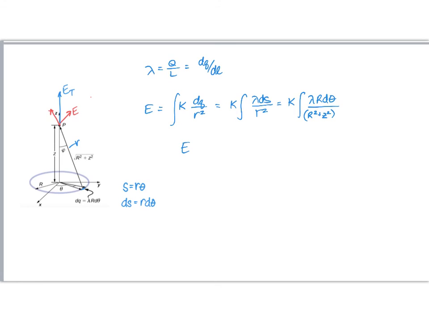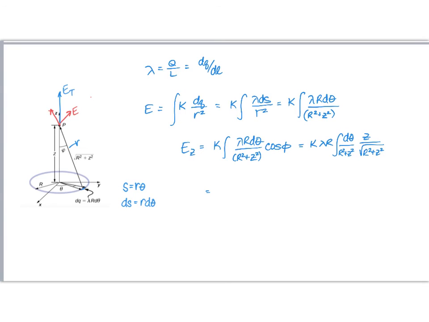Again, it's only going to be the z component, which is going to be given by k lambda R d theta over R squared plus z squared, and then times the cosine of this phi. Now the cosine of phi, now that we're kind of used to doing this, we can write as z over the square root of R squared plus z squared.